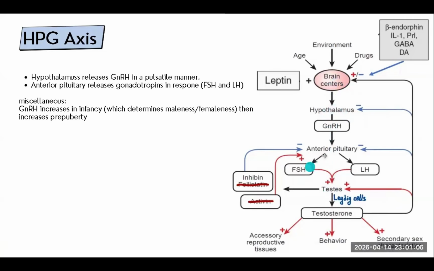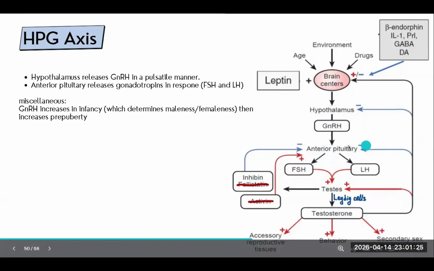On the other hand, FSH would bind to the Sertoli cells and then they would release inhibin. Inhibin would specifically go to the anterior pituitary and specifically have a negative feedback on FSH, not LH. Okay? So, one more time, testosterone has a negative feedback on the anterior pituitary on LH production.